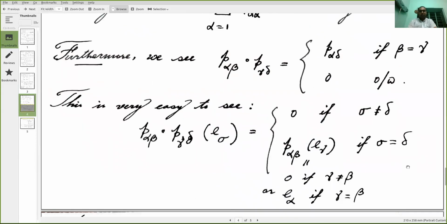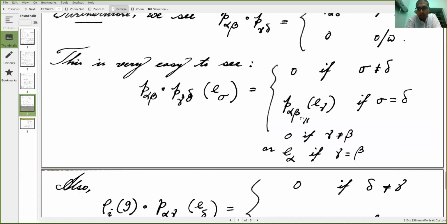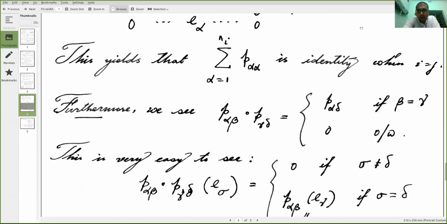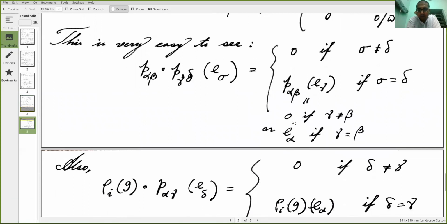Therefore, what we have is the following: if sigma is not equal to delta, then it will be 0, and when sigma equals delta, then P delta gamma, P gamma delta of E sigma, it will be E gamma. So that also gives us two possibilities: if gamma equals beta, then it will be E alpha using just the previous formula, and otherwise it will be 0.